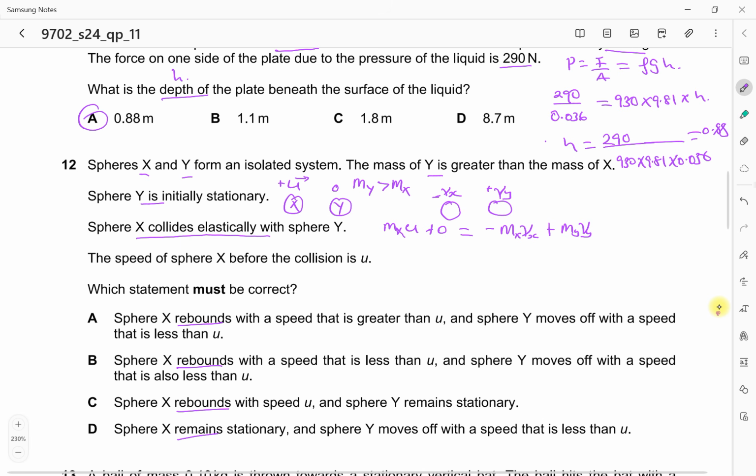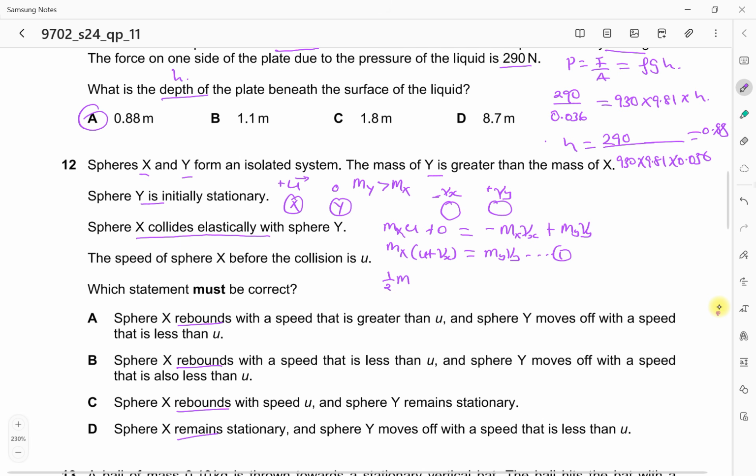So this implies, if I collect like terms, I bring the mx together, that mx into u plus vx is equal to my times vy. That is one equation.